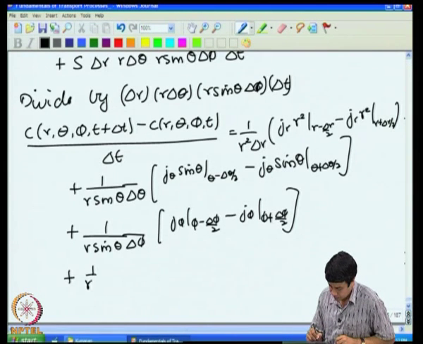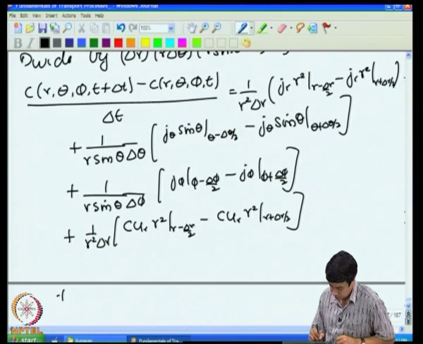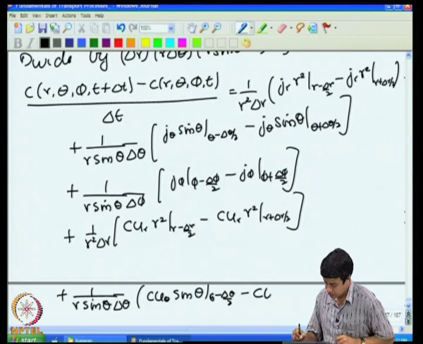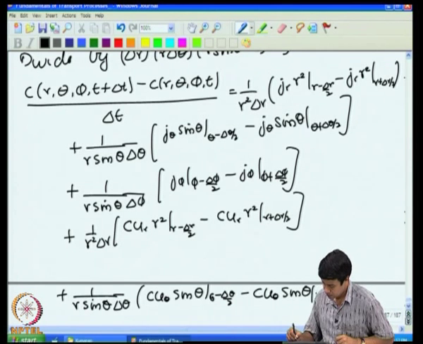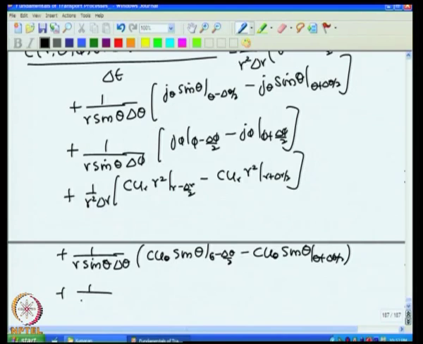So, I will get plus 1 by r square delta r times CUR times r square at r minus delta r by 2 minus CUR times r square at r plus delta r by 2, plus 1 by r sin theta delta theta into CU theta times sin theta at theta minus delta theta by 2 minus CU theta sin theta at theta plus delta theta by 2, plus 1 by r sin theta delta phi of CU phi at phi minus delta phi by 2 minus CU phi at phi plus.